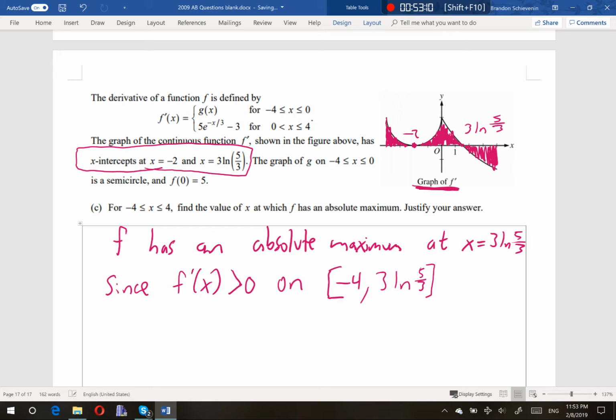Oops, actually that's not true, is it? At -2 it does become 0. I need to break this up. So from -4 to -2, not included, and from -2 to 3 ln 5/3, not included.